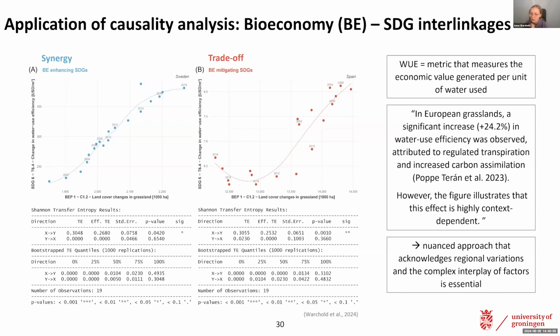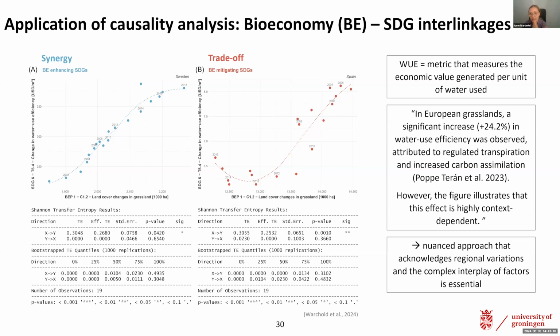And therefore, based on the results, which you might calculate using a software program, is it unidirectional, is it bidirectional, and what is driving the change in what? And obviously here, the land cover change indicator is driving the change in the water use efficiency indicator.